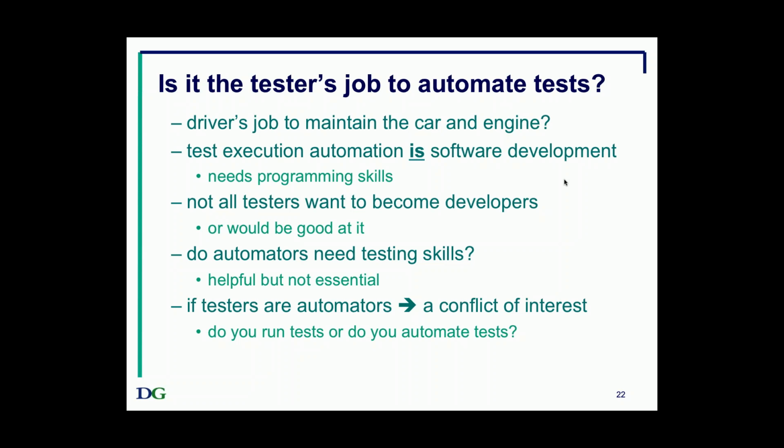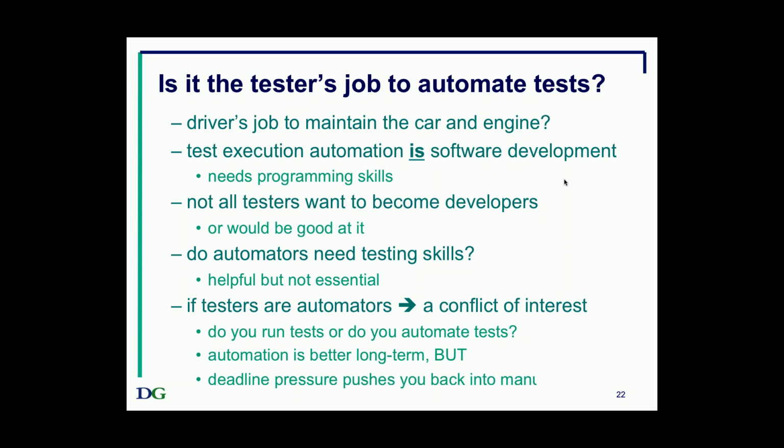Okay, now your boss comes in and says, what did you do today? I automated 4 tests. But you've got a great pile of tests that have to go out the door. Automation is better long term. Is your manager going to say, okay, carry on doing 4 tests a day and we'll just move the release date? It doesn't seem to work that way, does it?